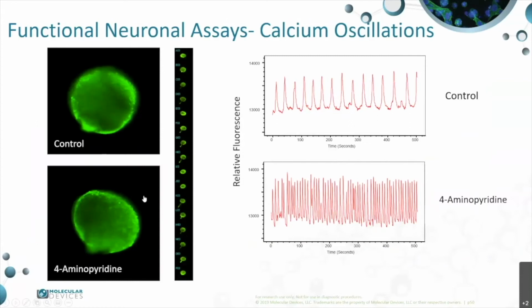So you can see fluctuation going up and down. And again, you can see the difference between the control sample and the sample treated with aminopyridine. So here you can see the image of all these organoids which line up inside the chip. And you can treat them with compound and study the effect of compounds on calcium oscillation.